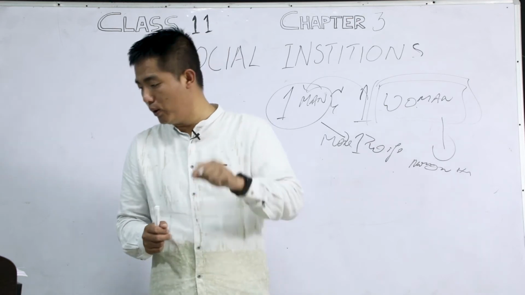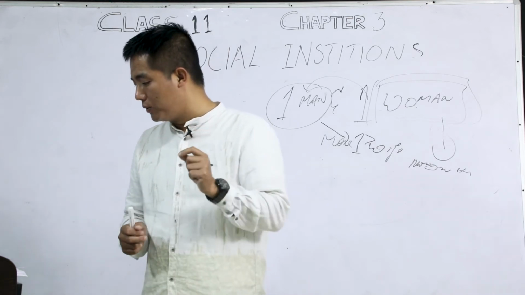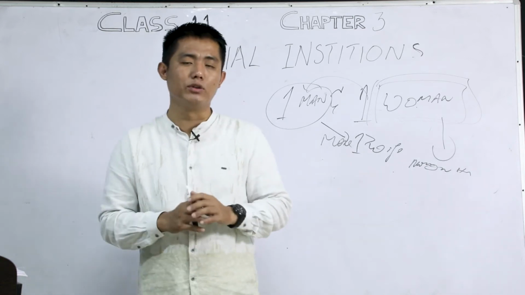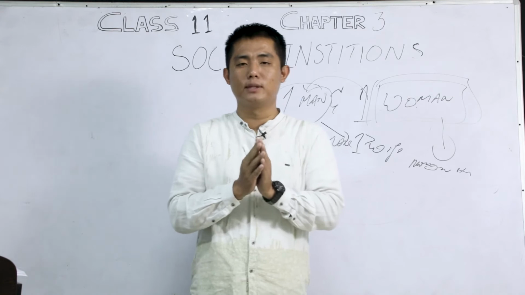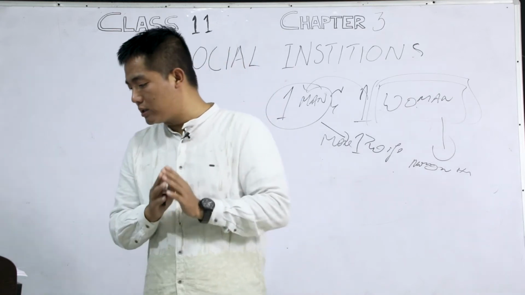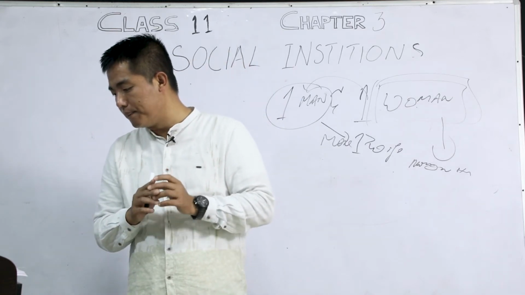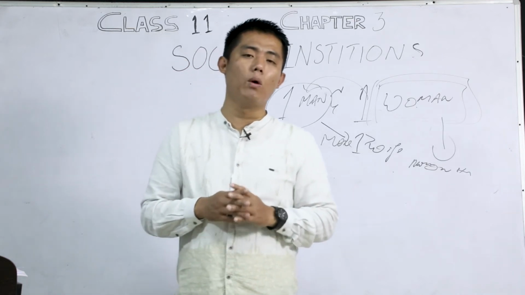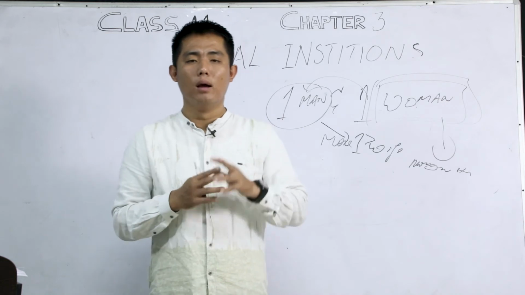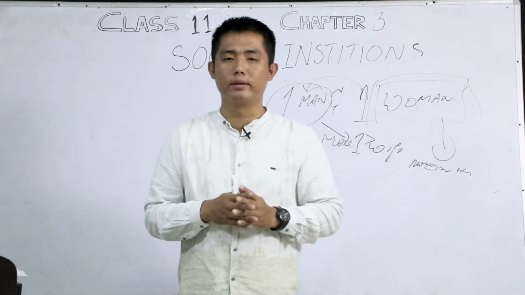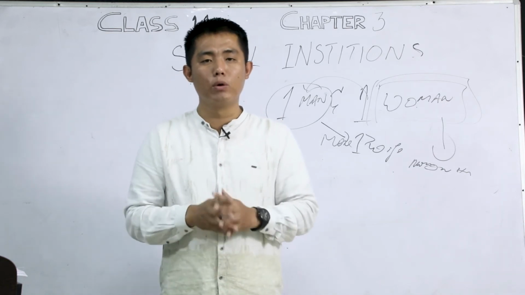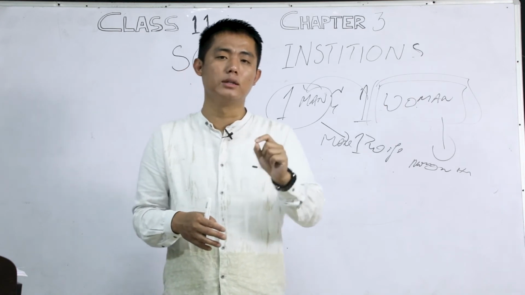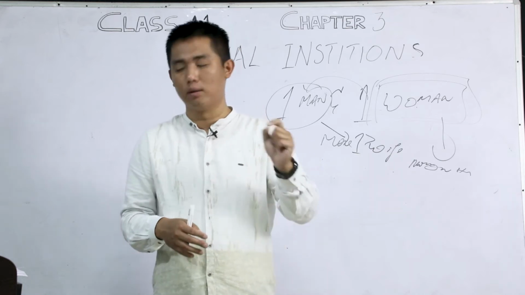Under polygyny, we also have sororal and non-sororal. Polygyny can be distinguished into two types. The first one is called sororal, S-O-R-O-R-A-L, sororal polygyny. Here, a man marrying more than one wife who are sisters is called sororal marriage or sororal polygyny.